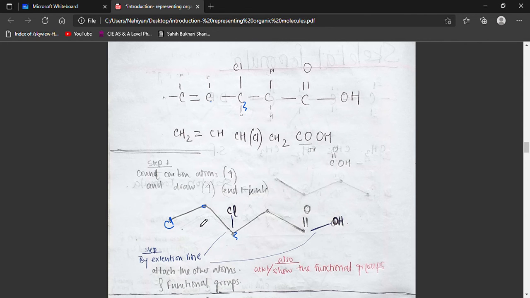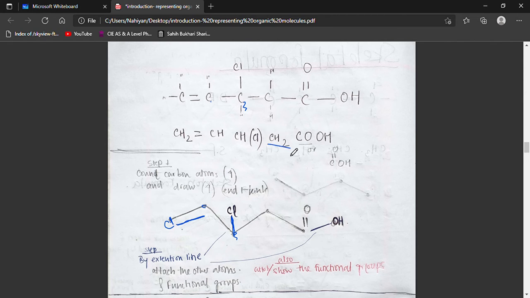We have a double bond here, shown through this, and the Cl is connected by an extended line. There is no carbon here, it's just an extended line to show there is another kind of atom situated here.